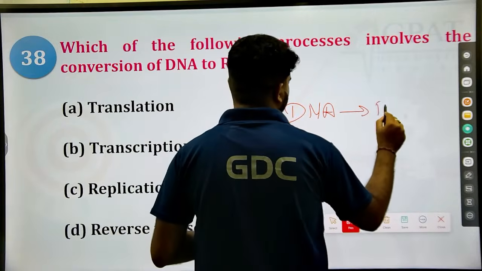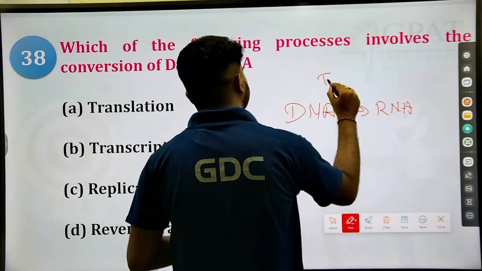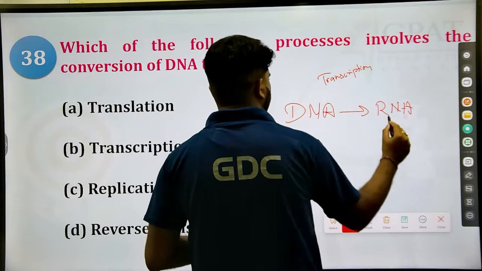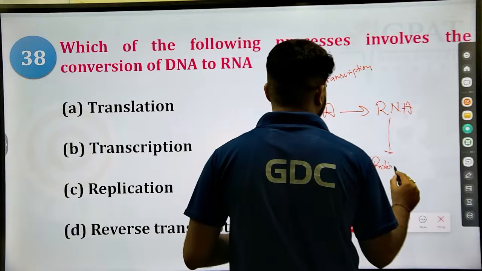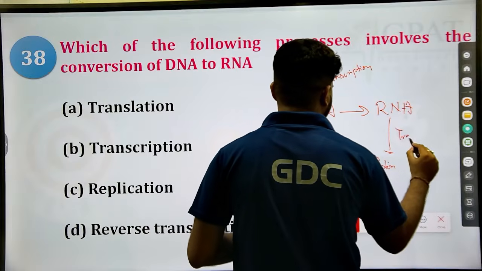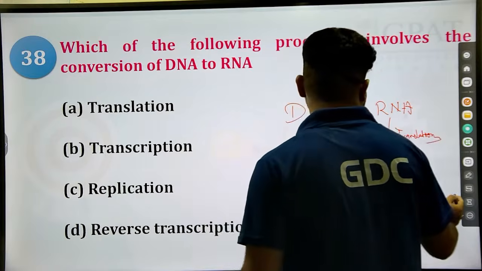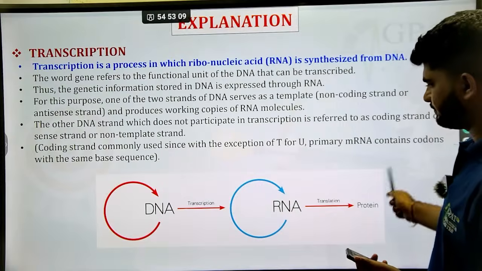DNA to RNA, that we consider to be transcription, right? And RNA to protein, that is translation, right? Translation over here. Okay, chalo. So transcription would be your correct answer.